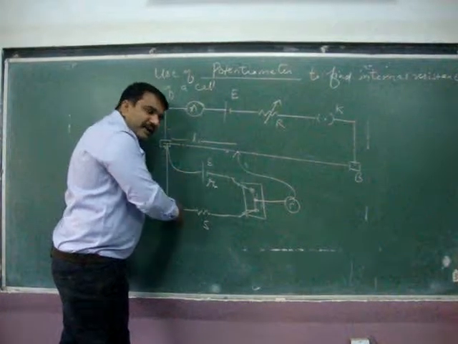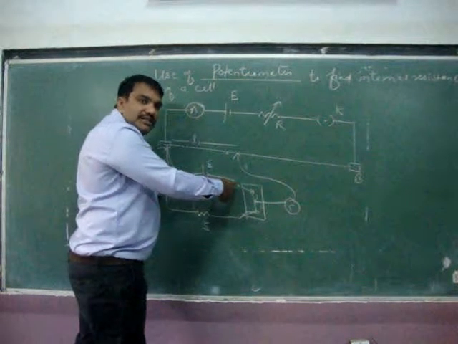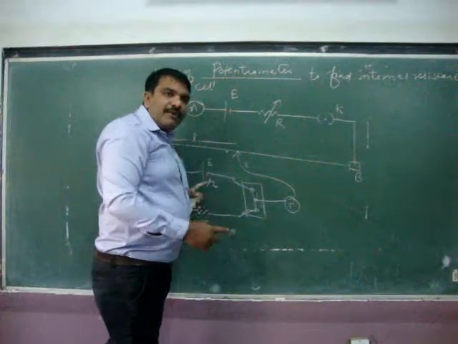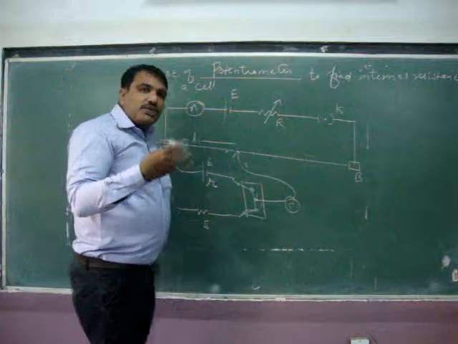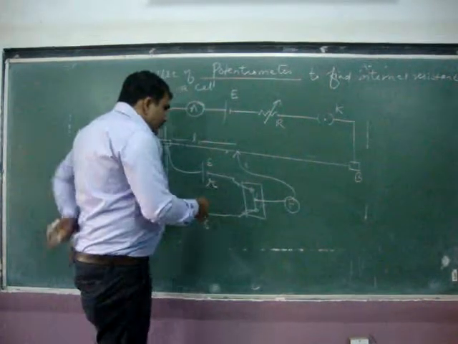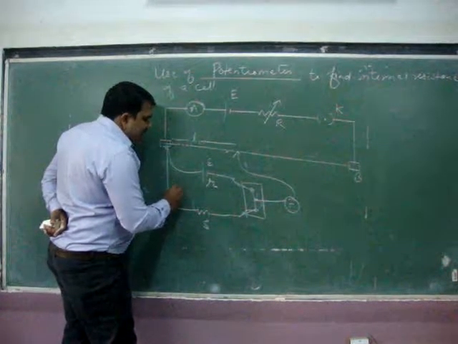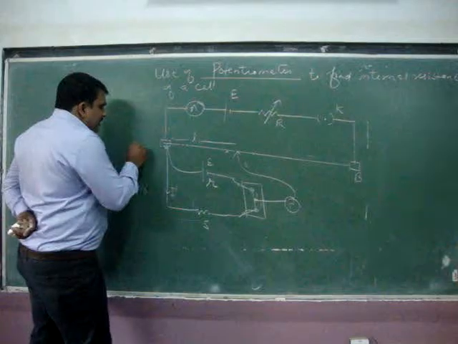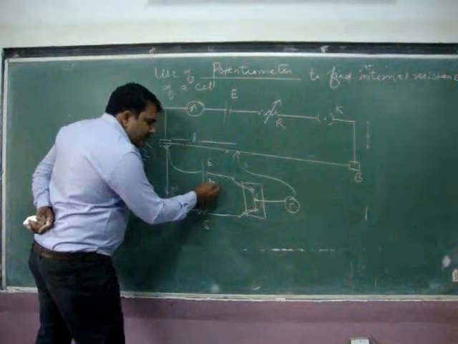As this cell starts providing current in this circuit, the potential difference across this cell will not remain EMF, and it will become TPD, terminal potential difference, because some potential drop always takes place inside the internal resistance of the cell also. Suppose this circuit is carrying current I dash, so a potential drop I dash into r takes place inside the cell.